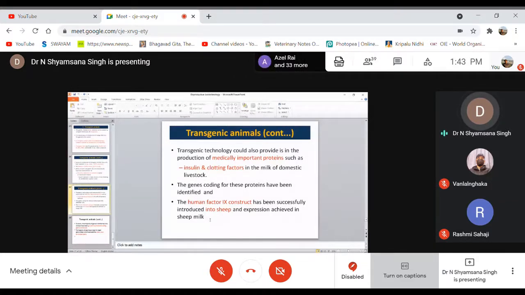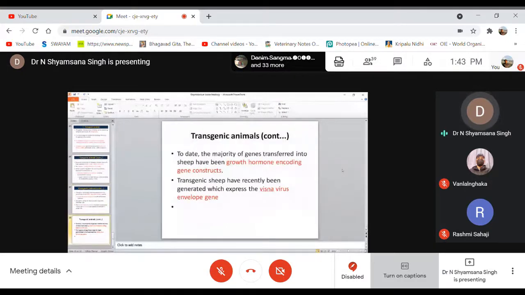So accordingly, we modify their genetic material so as to harvest the important proteins useful for our medical field. Then growth hormone encoding gene constructs have been transferred to sheep also.